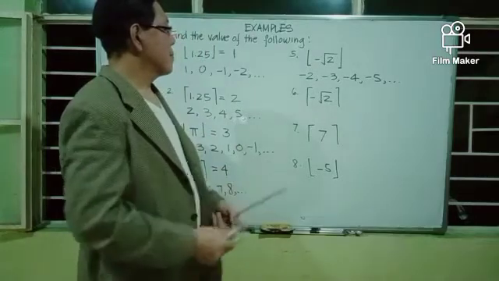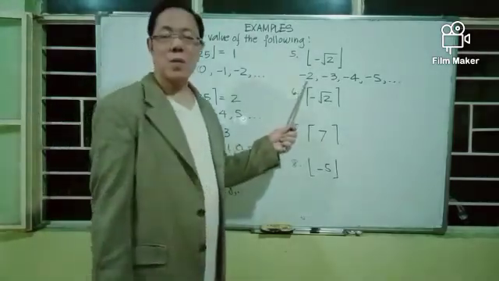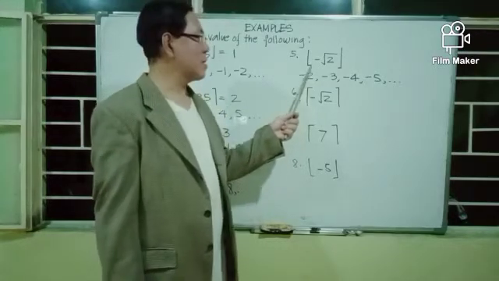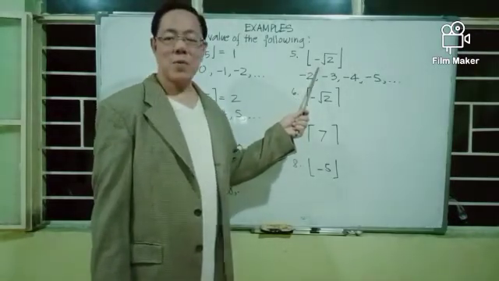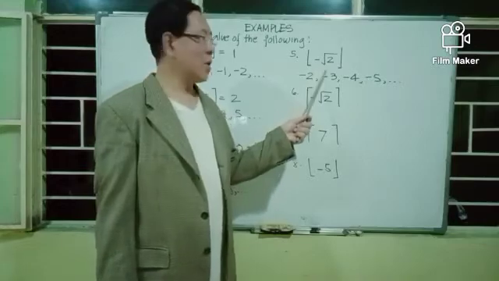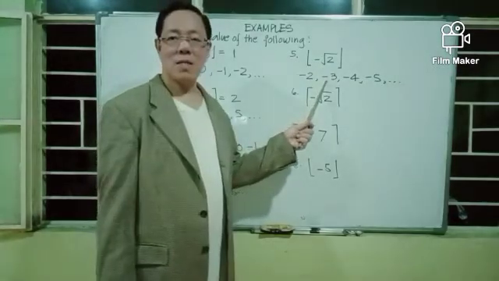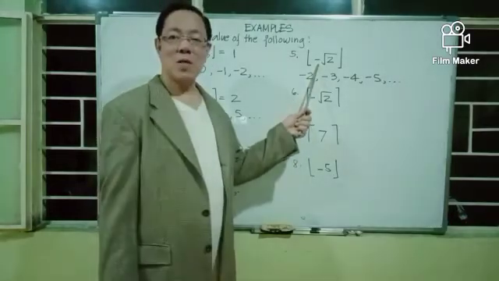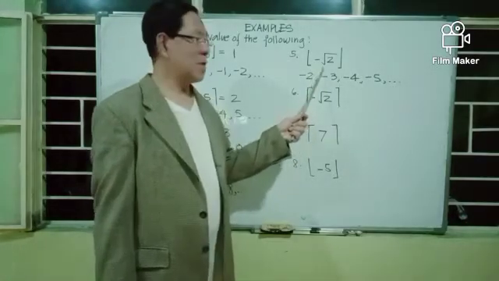Negative 2 is a negative integer that is less than negative square root of 2, or negative 1.41. Negative 3 is a negative integer that is less than negative square root of 2, or negative 1.41.